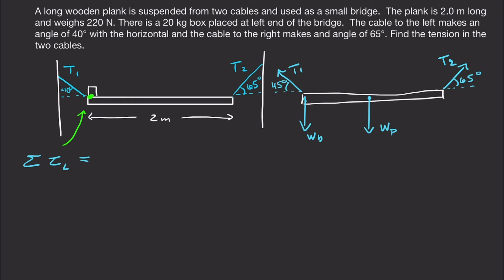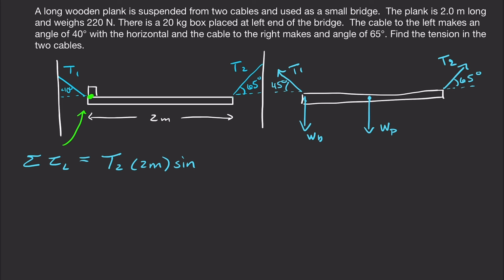The force T2 will cause a counterclockwise rotation, so that's going to be positive. So it's going to be the force times the distance. So T2 is our force, times our distance r away, which is 2 meters, times the sine of the angle between them.